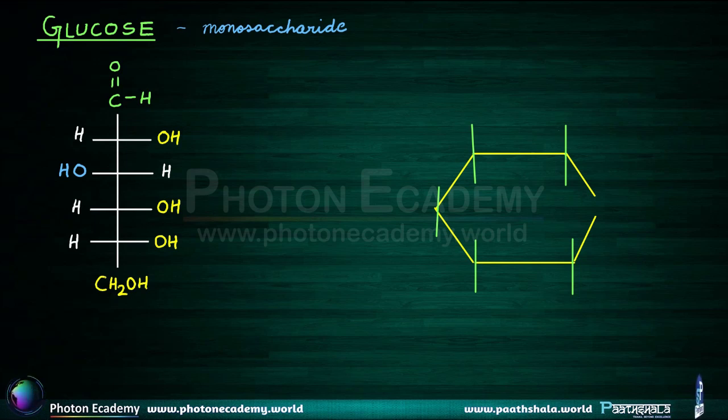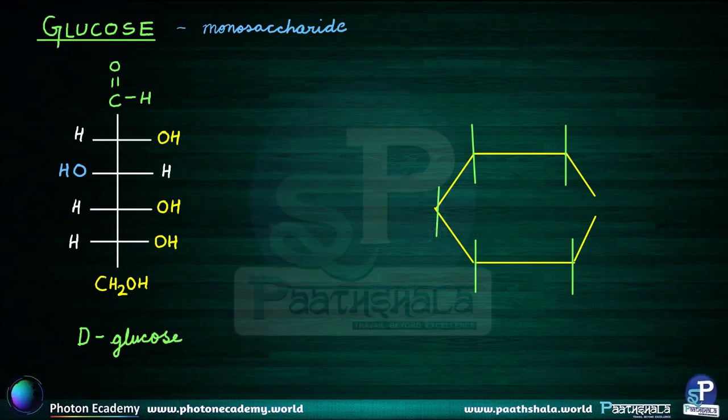Now, what do I call this? I call this the D glucose. Now, this D has nothing to do with the optical activity, that is the small d and l, dextrorotatory and levorotatory. This D here refers to the configuration.